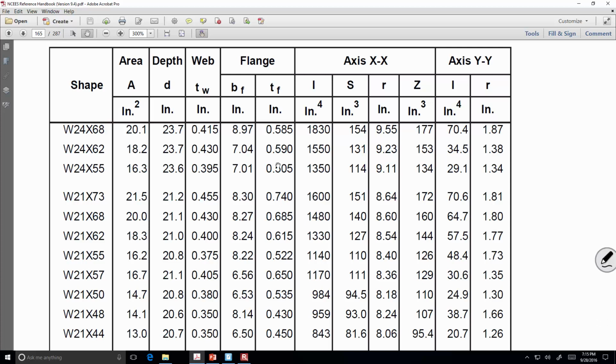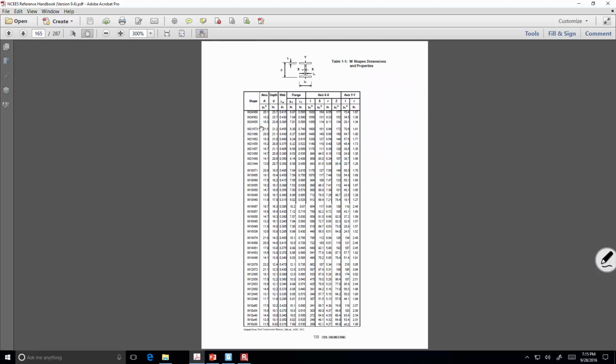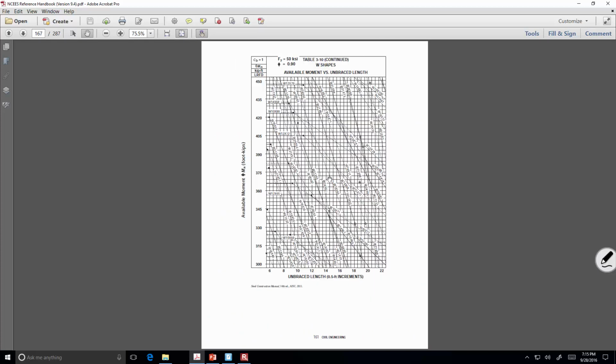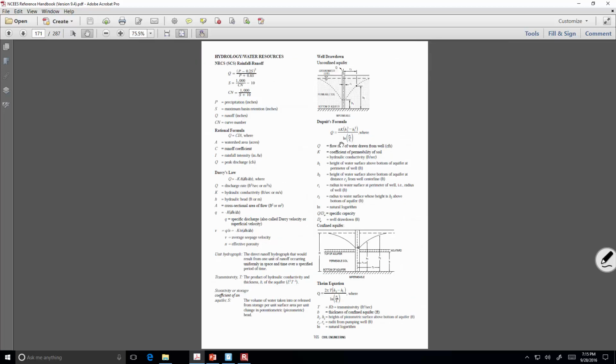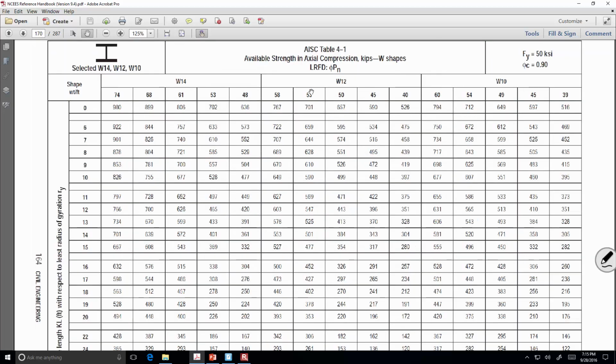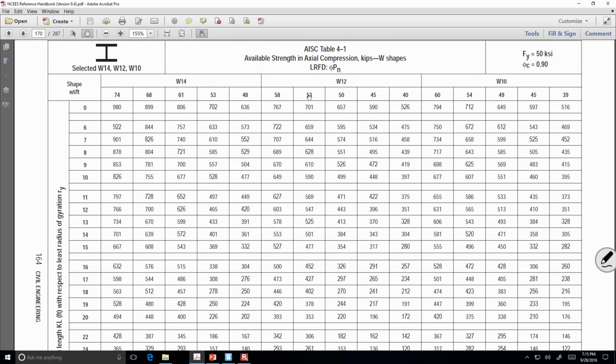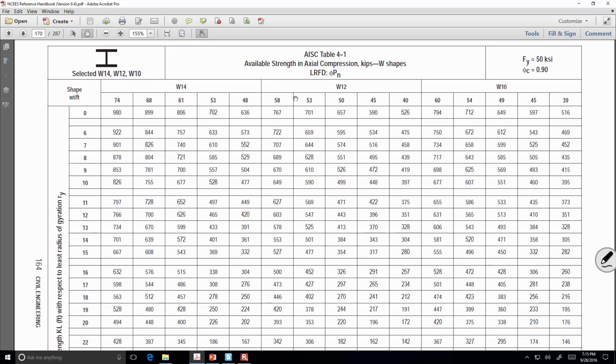Now, we're in column design, so I'm going to show you how this is going to work. We'll scroll past all this, and I'm actually going to be on this very last table, on the very last page. So it should look something about like this. Okay. Everybody here?